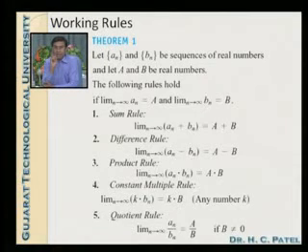In this case, we can use the sum rule: limit n tends to infinity a n plus b n can be written as A plus B. Similarly the difference rule, product rule, constant multiple rule, and quotient rule. All these are possible only if a n and b n are convergent sequences. Next.